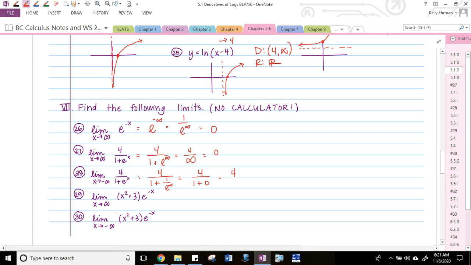What if I put infinity here into x squared plus 3 times e to the negative x? Anytime I see a negative exponent, first of all, I like to get rid of the negative exponent. So if I put in infinity, I get infinity squared plus 3 divided by e to the infinity. Now, both of these approach infinity, right?